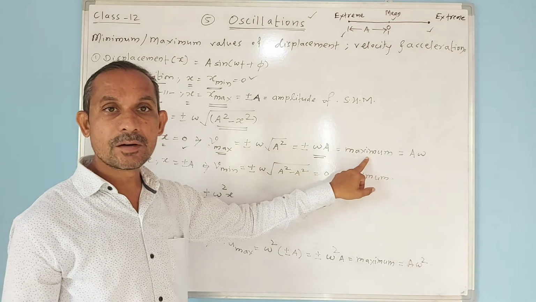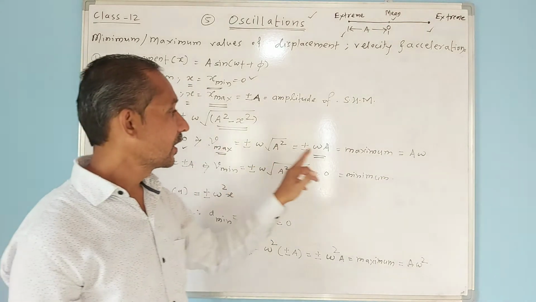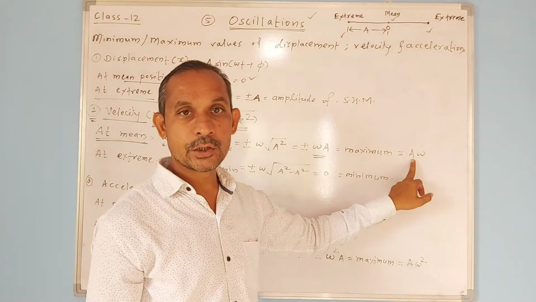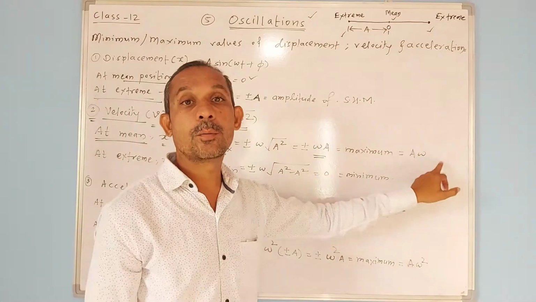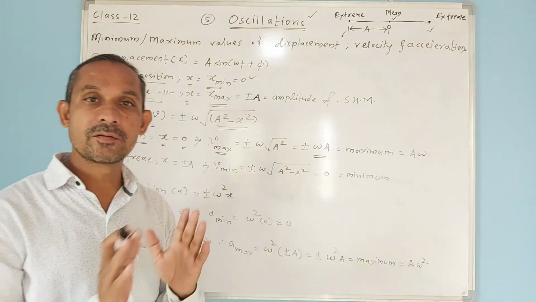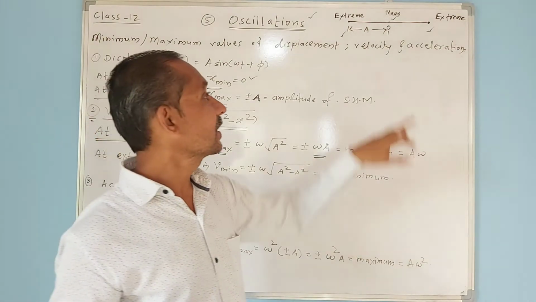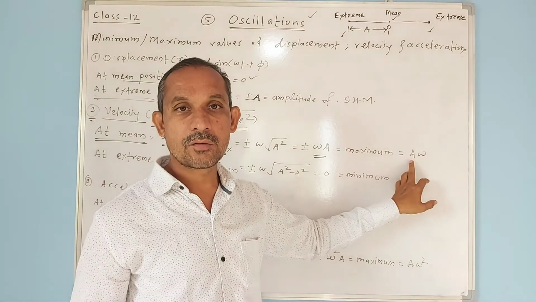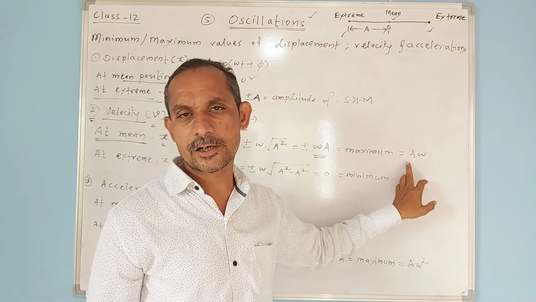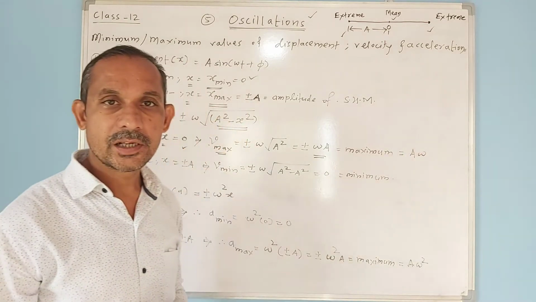That is the maximum value for the velocity, and in magnitude form we can write omega a as a omega. So the maximum value for the velocity we obtain at the mean position is a omega.